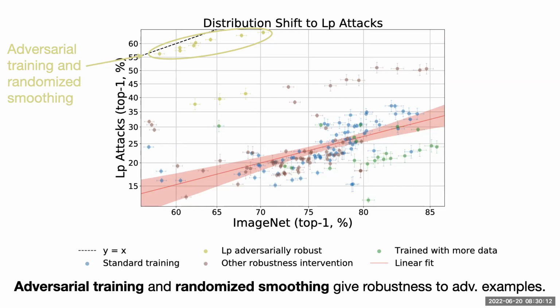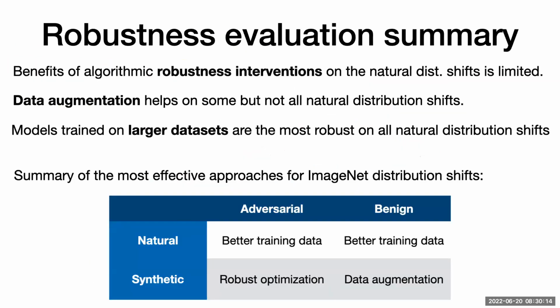Cool. This was a lot now. So let's summarize this quickly. We can look at this again in this 2x2 picture. One dimension adversarial versus benign, the other one natural versus synthetic. What does best? All of the robustness interventions that people have come up with currently only offer limited gains on a natural distribution shift. So for ImageNet V2, ObjectNet, ImageNet-R, and so on, the best thing you can do at the moment is just train on a lot more data.